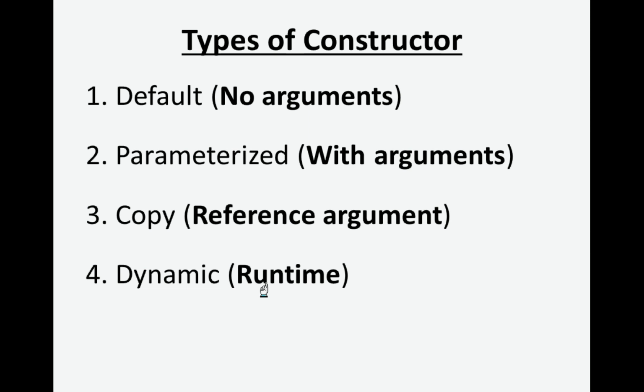Now we are going to see an example code for copy constructor. See this? This is a class whose name is Student. Inside this class, we are going to declare two member variables. One is RNO to store the roll number of the student, whereas name is used to store the student name.